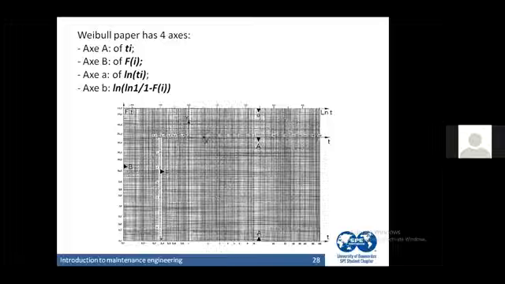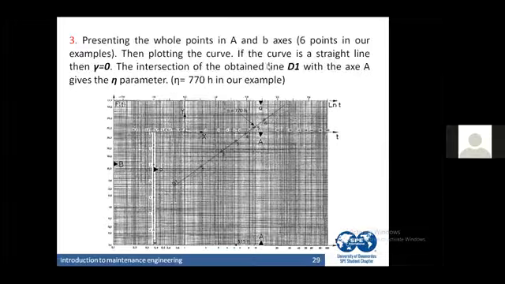So the third step is just presenting the 6 points calculated before, which are referred to the Fi and to T, which is the TBF, to get this straight line that we call D1.